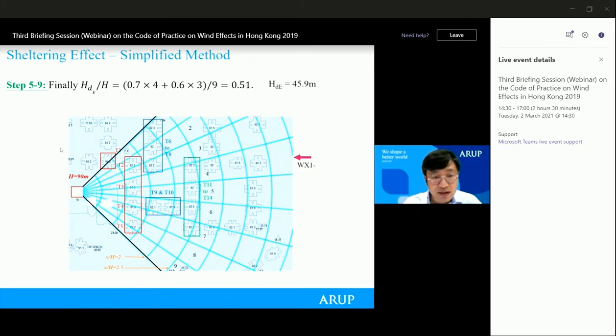After doing this weighted average, we can calculate the displacement height to be about 0.51. So the displacement height will be 0.51 multiplied by 90 meters, that is 45.9 meters. That's the displacement height.